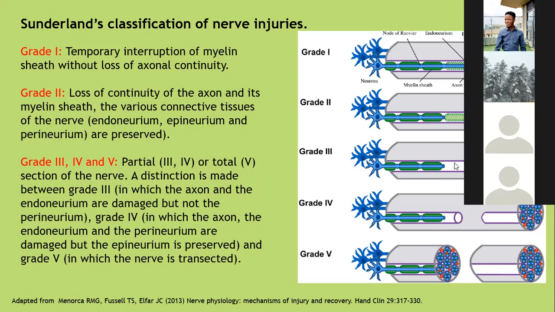In this other one, you find that you can cause damage to the endoneurium, but the epineurium is left intact. The last one is when you cause severing of everything. When you cut everything, you need to repair. So grade 1, 2, 3, 4, and 5, depending on which level you have cut off.